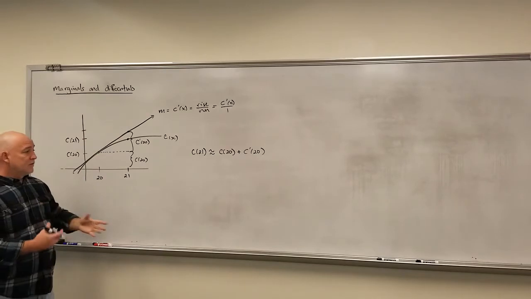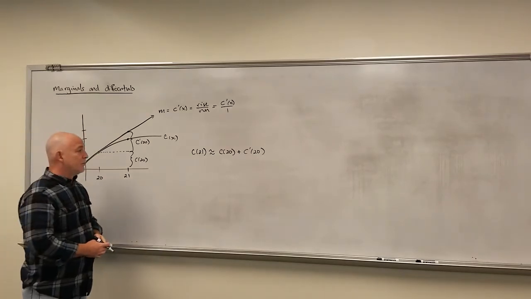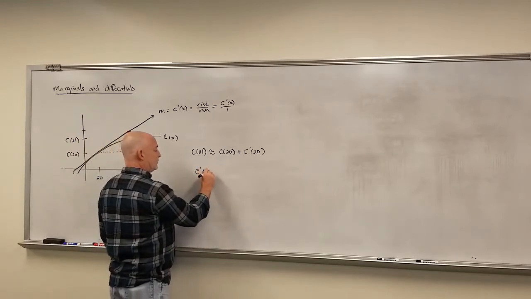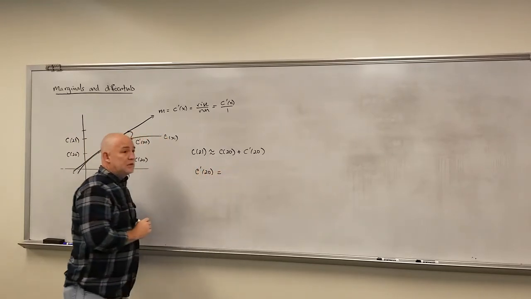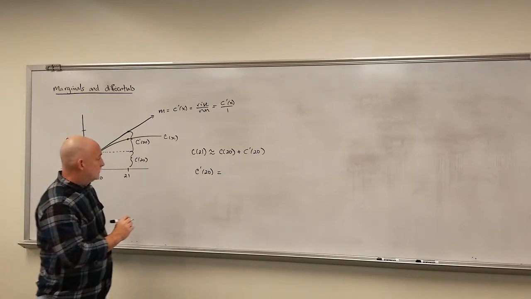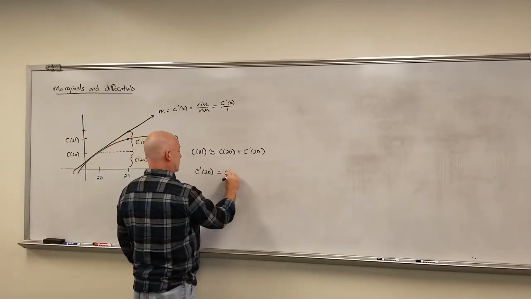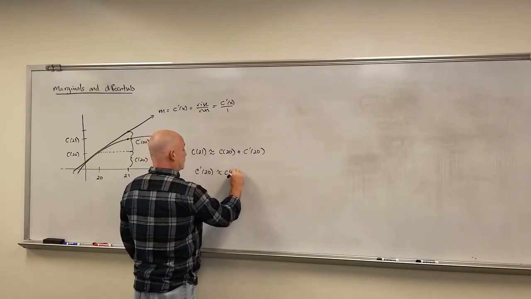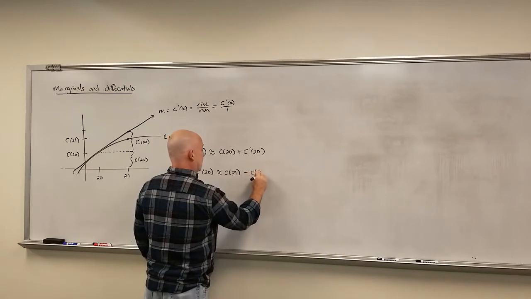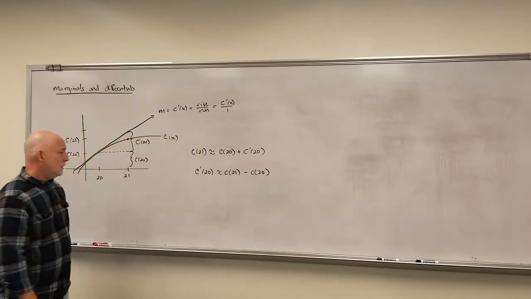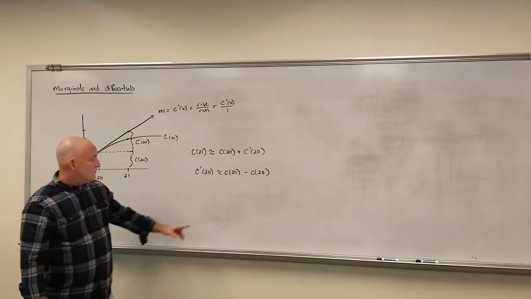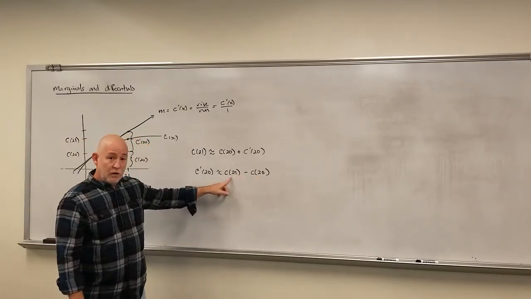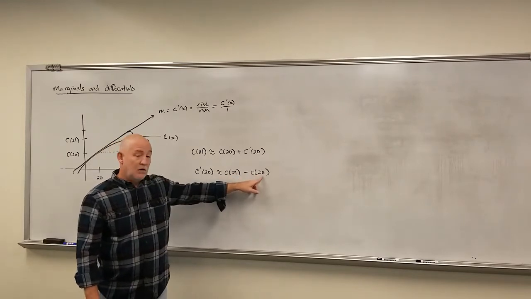Now what this actually gives us, if we rearrange this a little bit, we can see that c prime of 20 would be approximately equal to c of 21 minus c of 20. Now, think about what this is saying. This is the cost of making 21 bikes, and this is the cost of making 20 bikes.